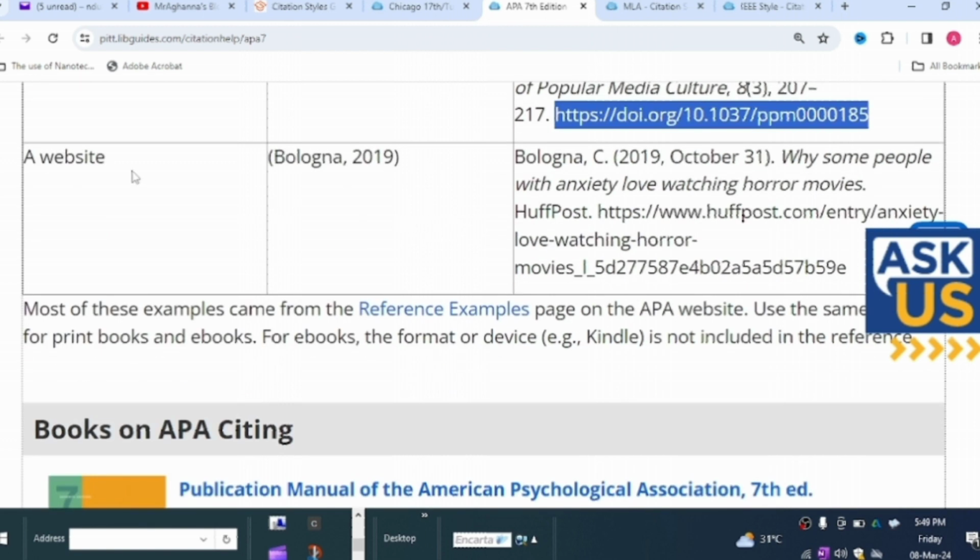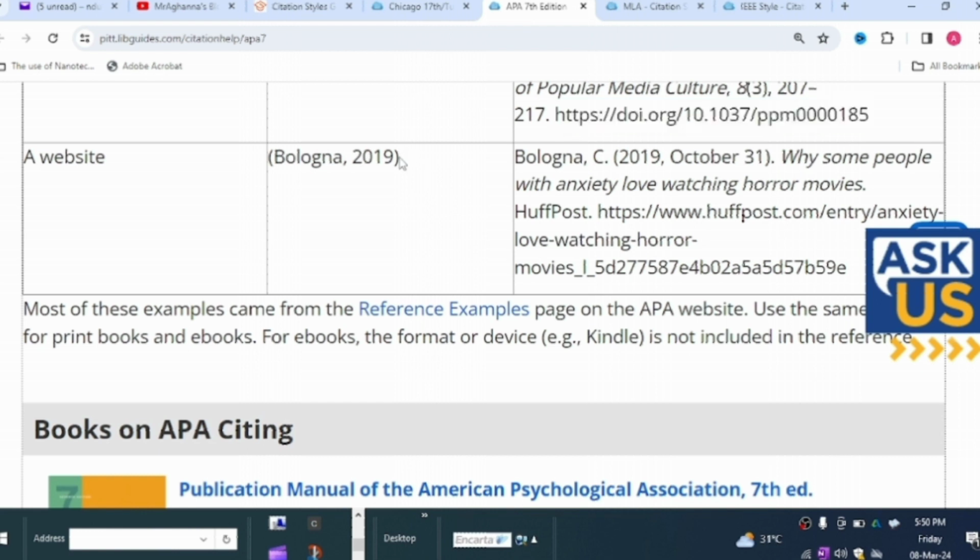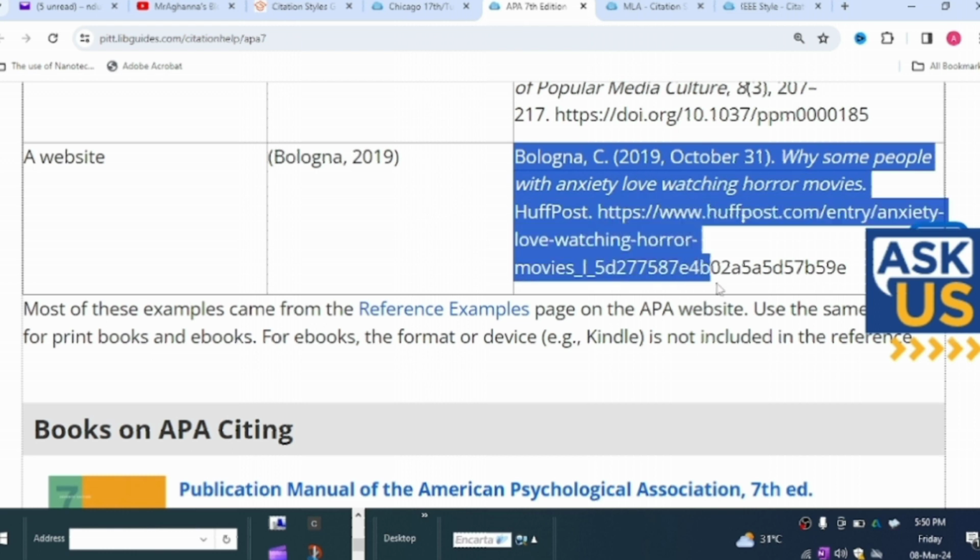Then for a website, some people complain that they don't know how to reference information gotten from a website. You just have to look at what we have here. This is more like the surname of the author and the year that has to be captured in the body of your write-up. Then under your reference list, you include these details.